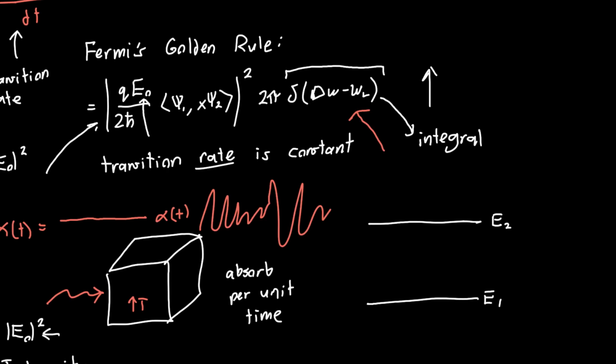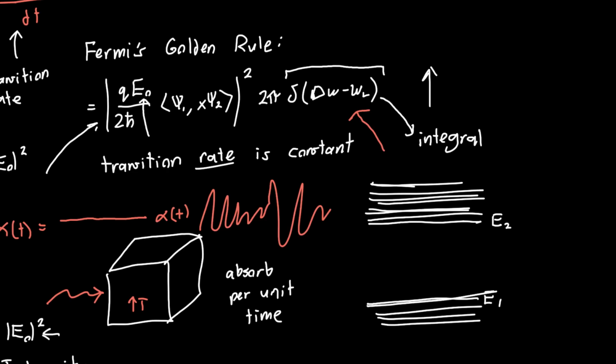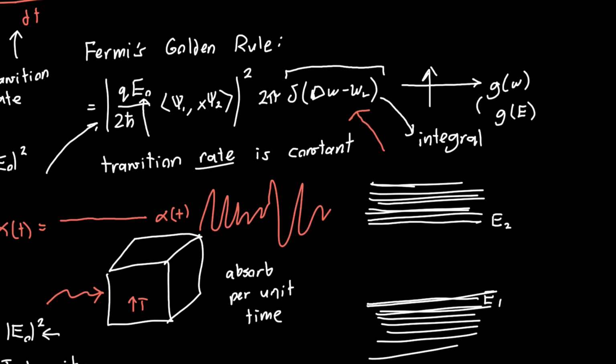So instead of just E2 and E1, we wanted to integrate over our entire conduction band and our entire valence band. And so this delta function lends itself very naturally to integration. We're ultimately going to replace this delta function with the density of states as a function of omega, or eventually as a function of energy. And that's just a preview of what's going to happen in the future.